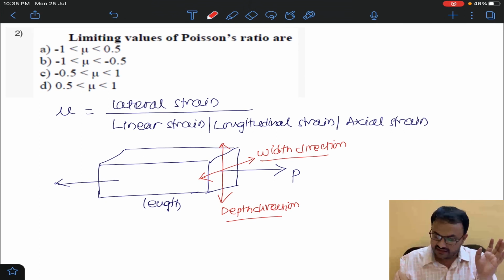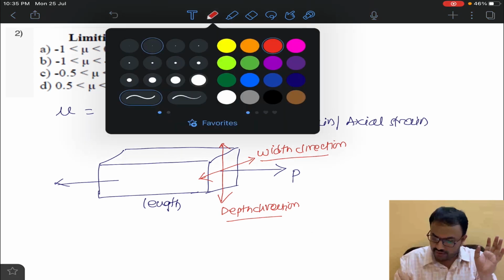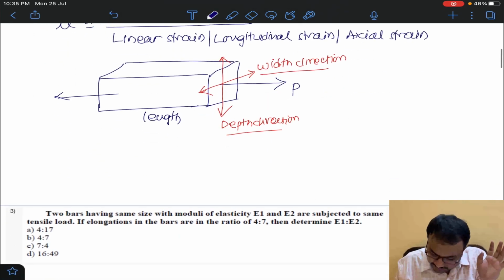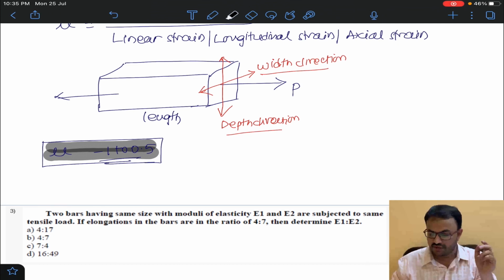Okay, and what are the limits for Poisson's ratio? Generally, Poisson's ratio ranges from -1 to 0.5. These are the limits for Poisson's ratio. So you need to remember these values, -1 to 0.5.